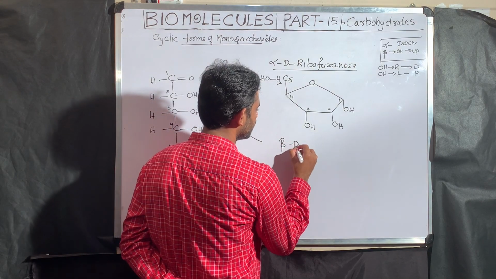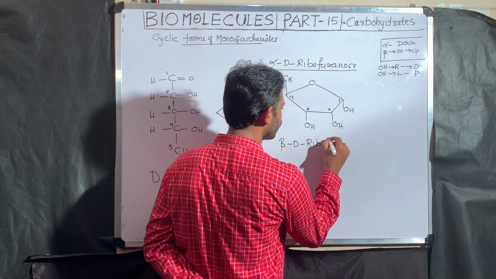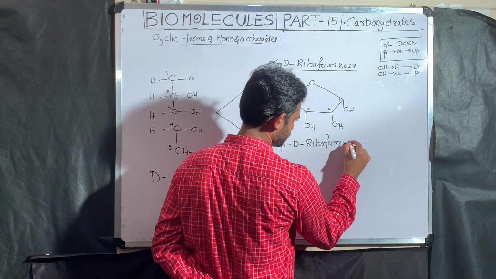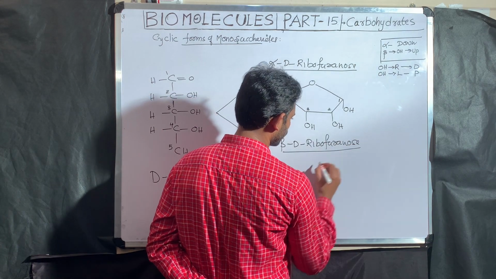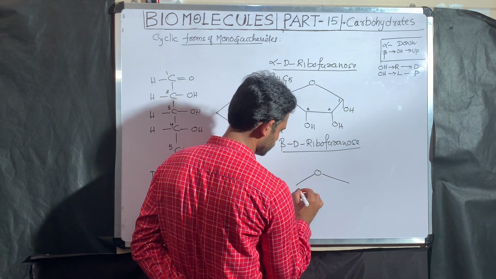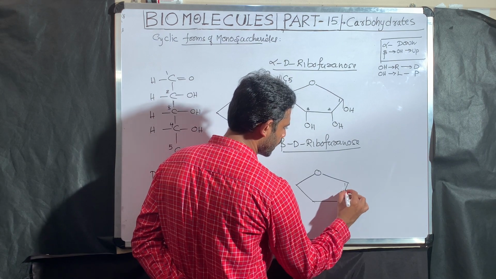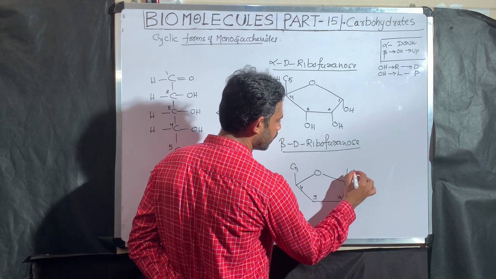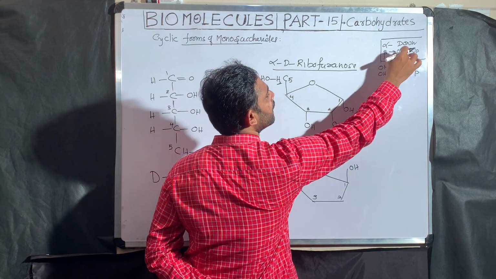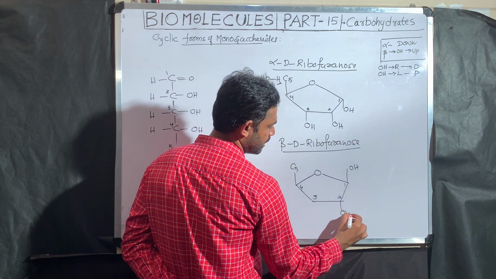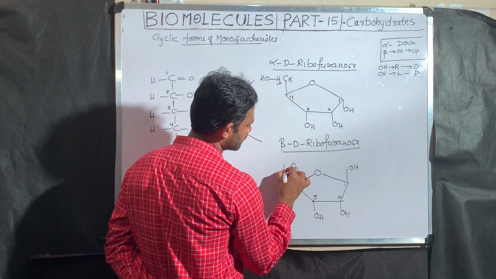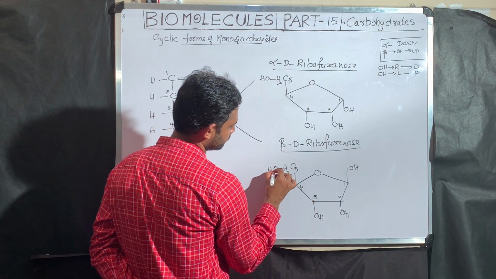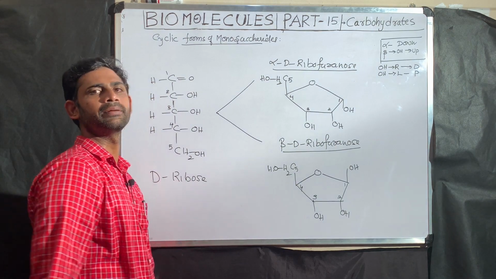Next, beta D ribofuranose. Furanose structure. Which numbers? 1, 2, 3, 4, 5. Beta. OH group on the functional carbon, up. Right side, down. Last carbon CH2OH. This is beta D ribofuranose.